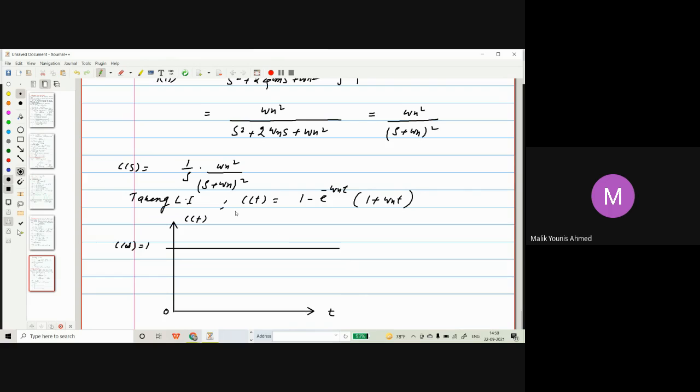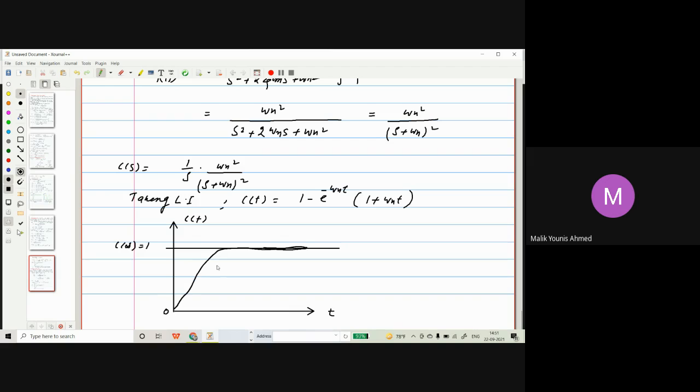So this is the step response of a critically damped system. It will be faster as compared to the overdamped, and there will be no oscillations at all.